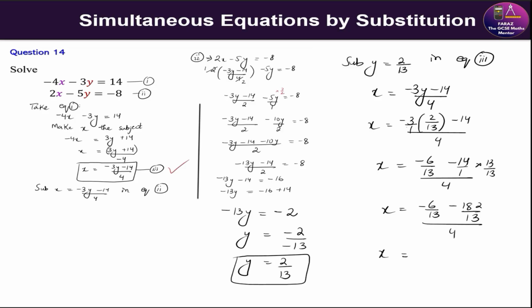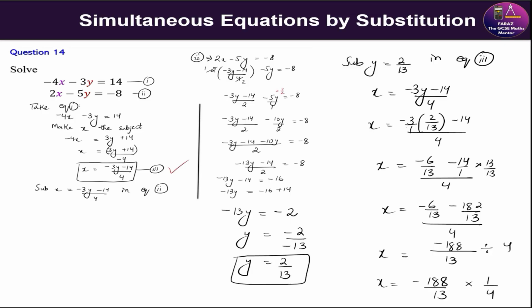And therefore we have x equals, and 13 is the same there, so we can write it as a single fraction, negative 6 negative 182. So negative 6 negative 182 is negative 188 over 13 divided by 4. We can write it this way as well: x equals minus 188 divided by 13 times 1 over 4.